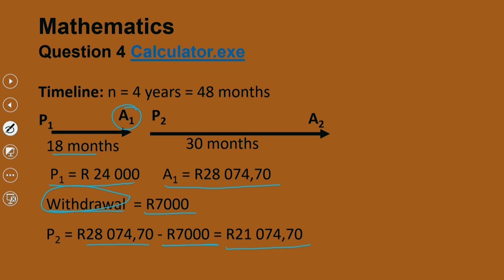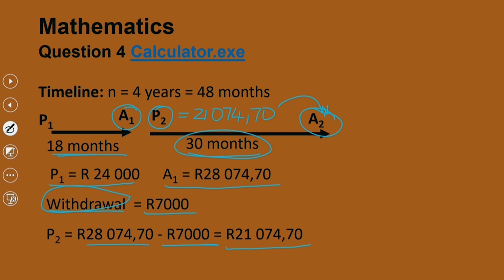So what are we going to do with this amount? Remember, we now have our new P2. This P2 will now be equal to 21,074.70. So now we want to know, after the 18 months and the 30 months that is left, at A2, which is the final amount, how much will be in the savings account?